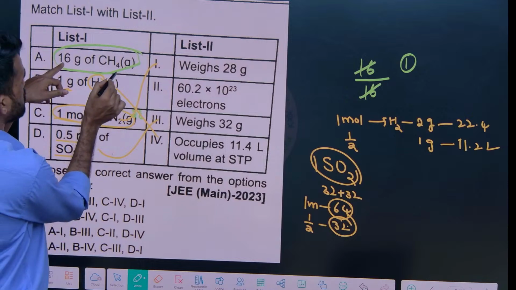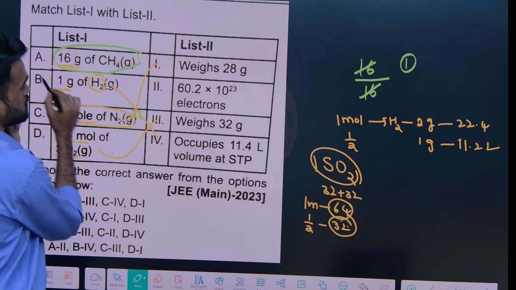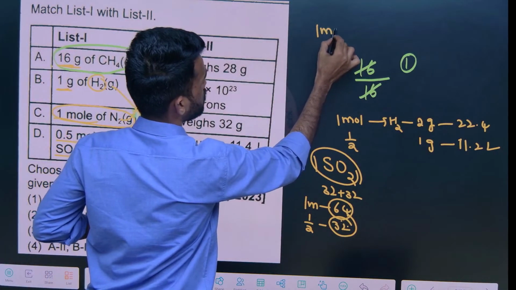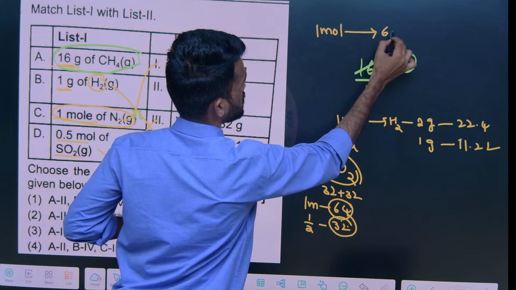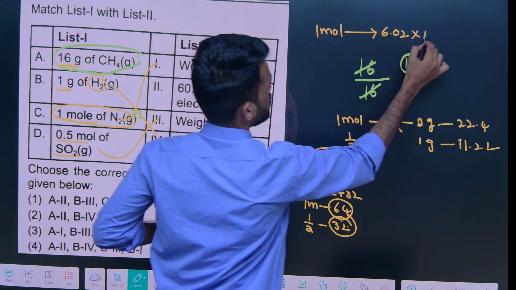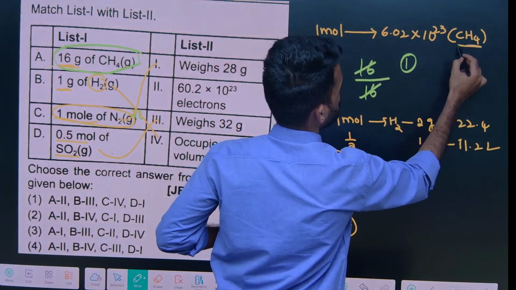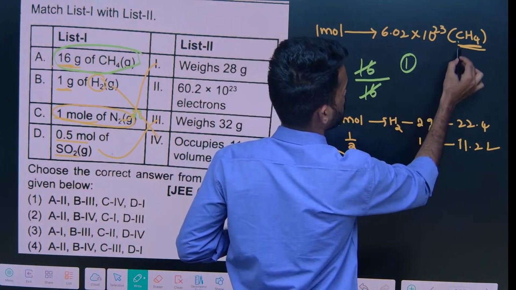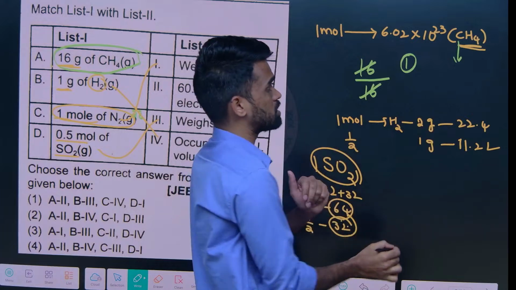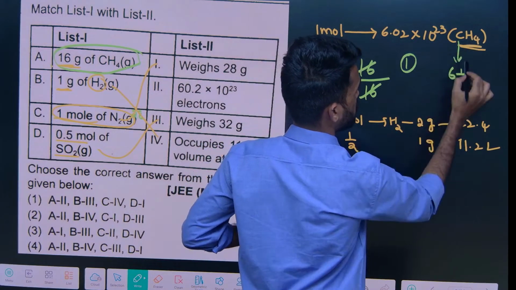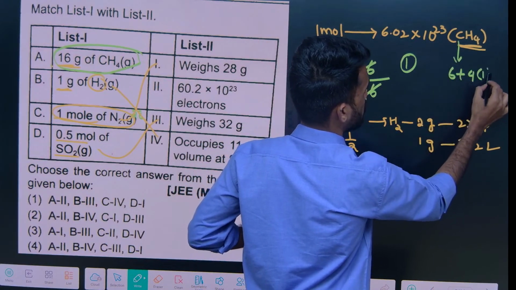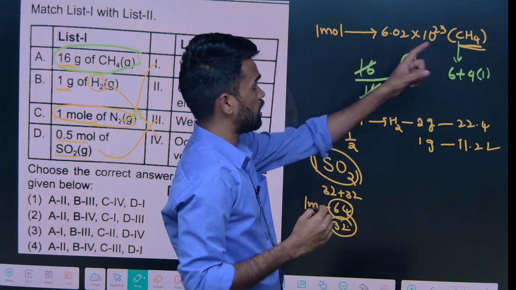This one is nothing but 16 grams. See, 16 grams means 1 mole. It should have Avogadro number, 6.02 into 10 power 23, methane molecules. In one methane molecule how many electrons are there? Check. Carbon atom, atomic number 6, means 6 electrons. Hydrogen atoms are 4, each with 1 electron.